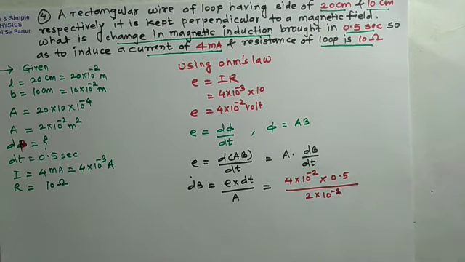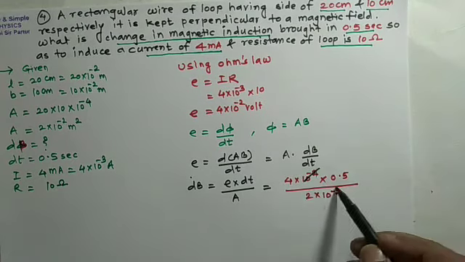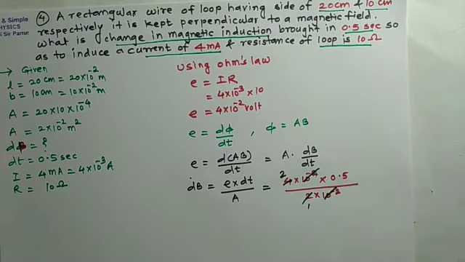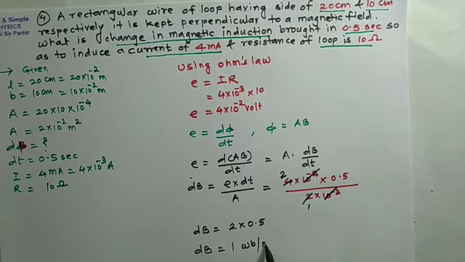The 10 raised to minus 2 get cancelled, and 2 into 4 gives... if we multiply, the change in magnetic induction, 2 into 0.5, will be 1 Weber per meter square. So the answer will be 1 Weber per meter square, which is the change in magnetic induction.